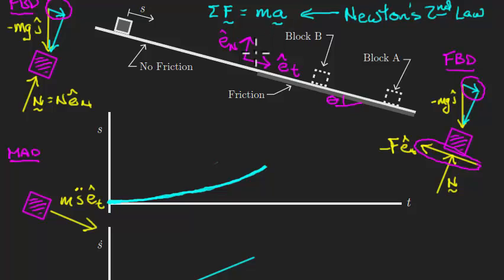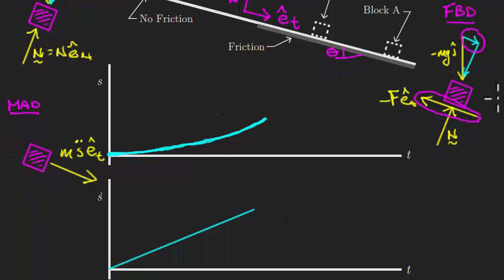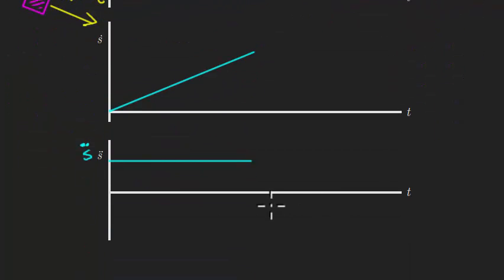Remember, velocity was increasing, and then it has to decrease. If velocity is decreasing, then the acceleration should be negative over here.